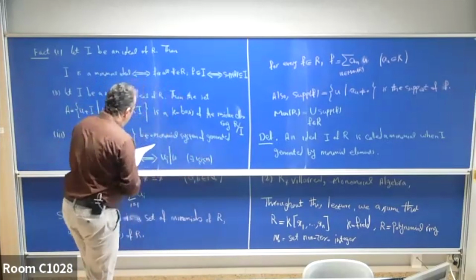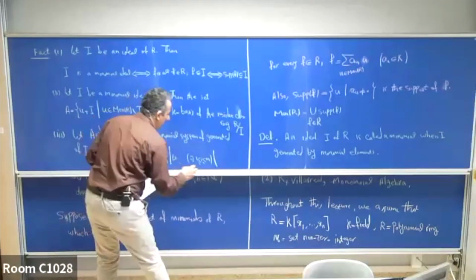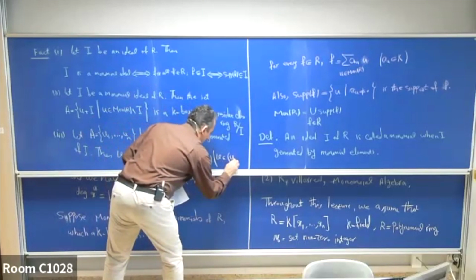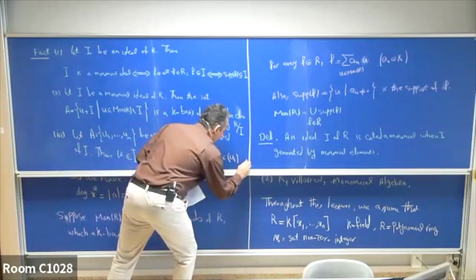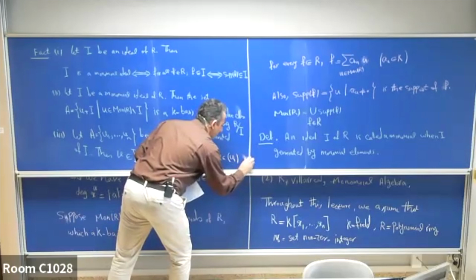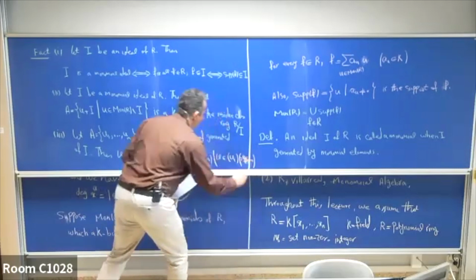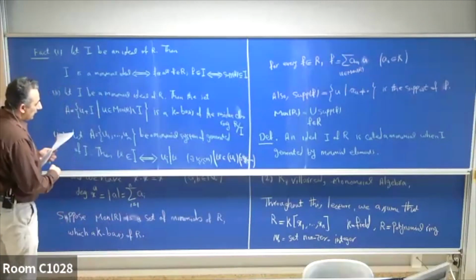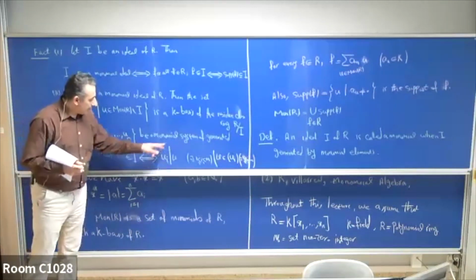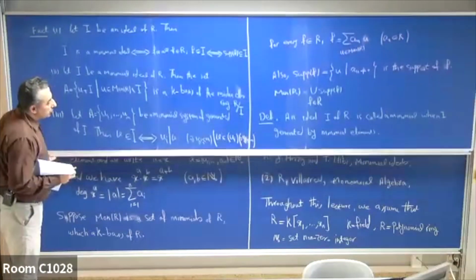So what does Vi divides V mean? It means that V belongs to the principal ideal generated by Vi, for i between 1 and M. So V belongs to I if and only if we have these conditions.